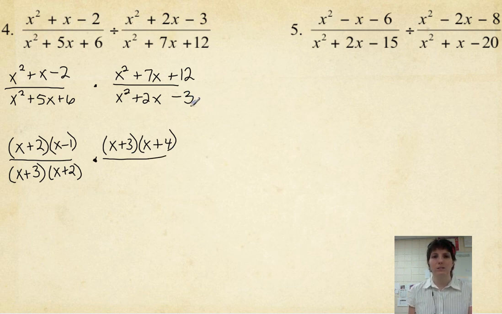Pair of numbers that multiply to -3 but add to 2. So my 3 should be positive and my 1 should be negative. 3 is positive, x minus 1 is negative.